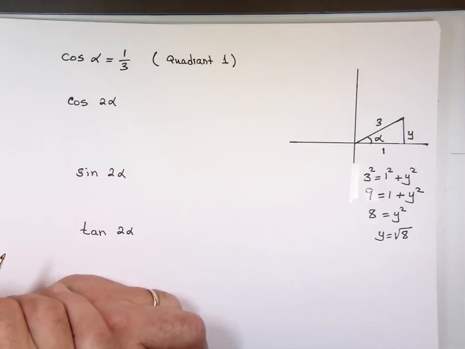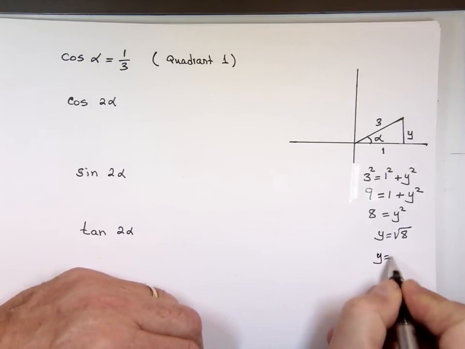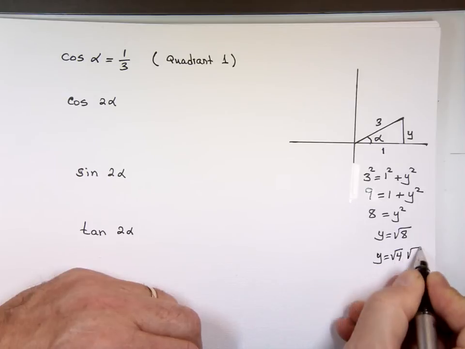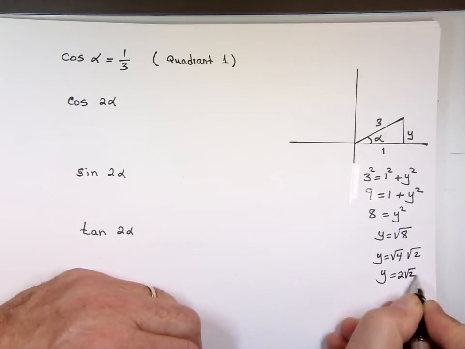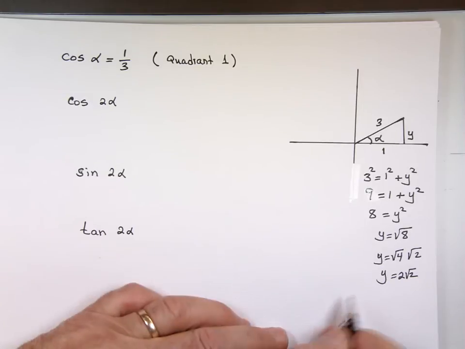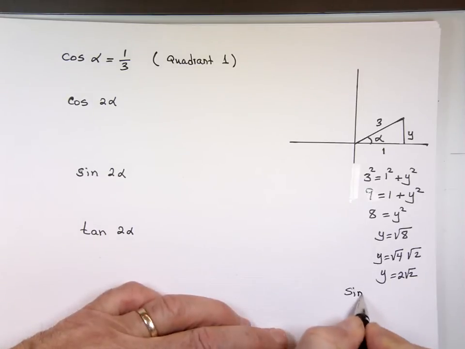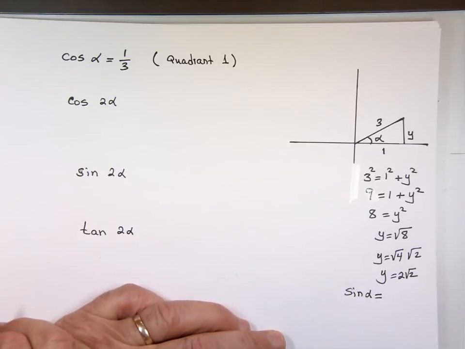You can simplify the square root of 8. 8 is what? 4 times 2? So y equals what? 2 the square root of 2. So now I know the sine, I know the tangent. What is sine alpha? Sine is opposite over what?